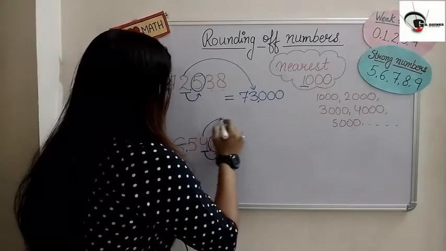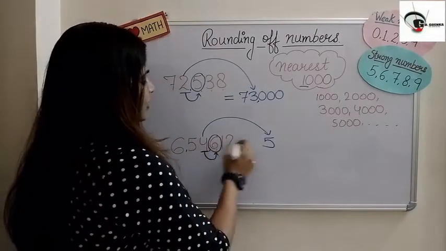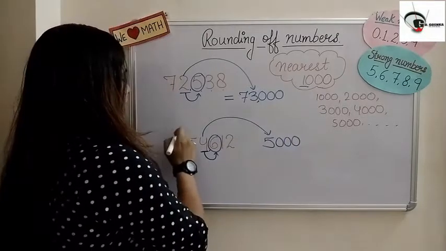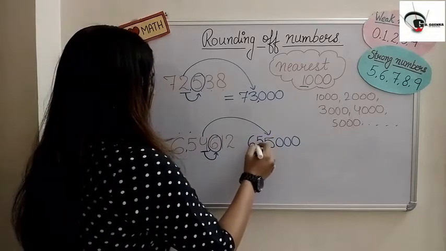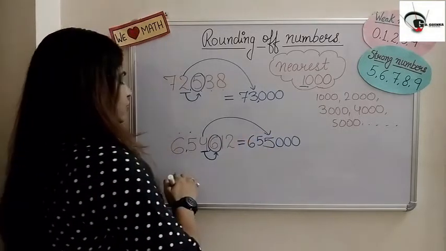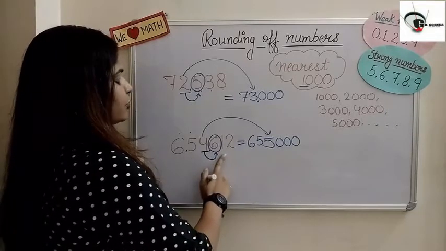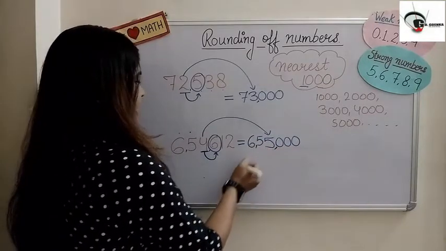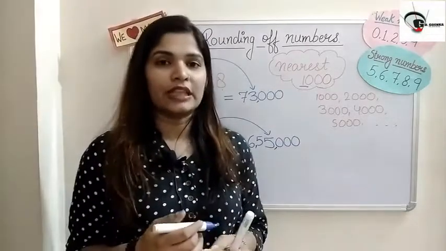So 4 will become 5, and these three numbers will become 0, 0, 0, and these two will not be affected anymore. So the number 6,54,612 will become 6,55,000 as we are doing it to the nearest 1000.